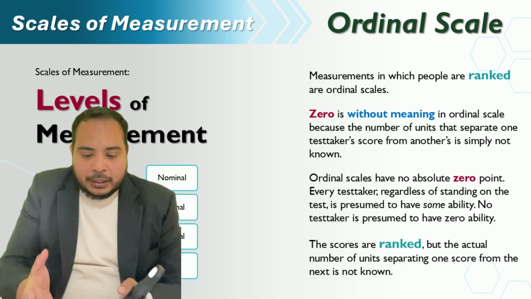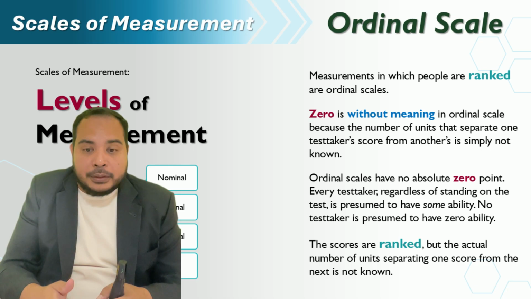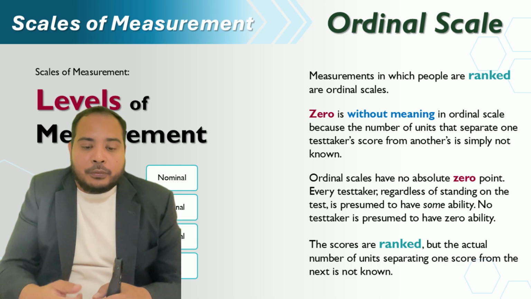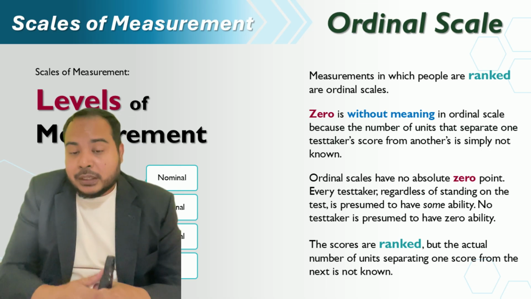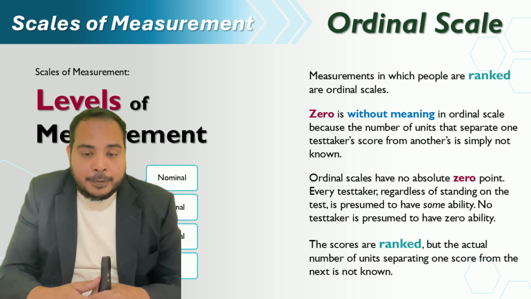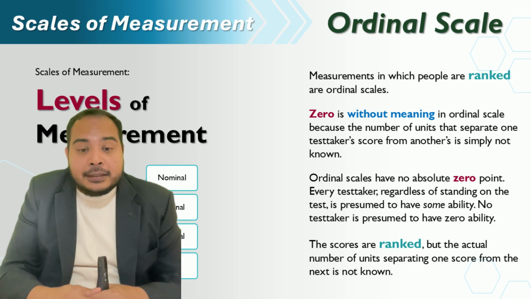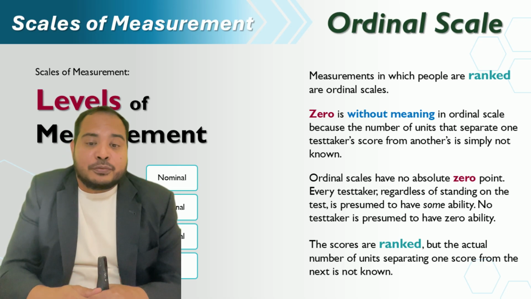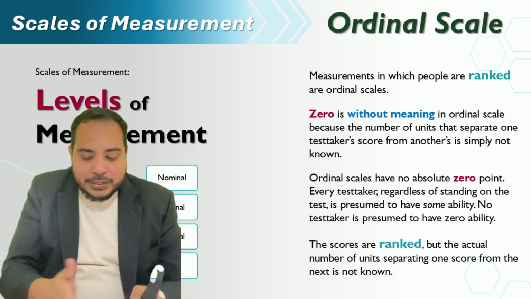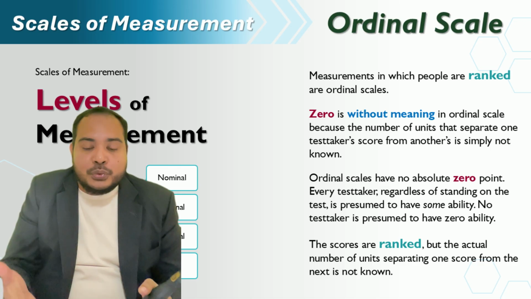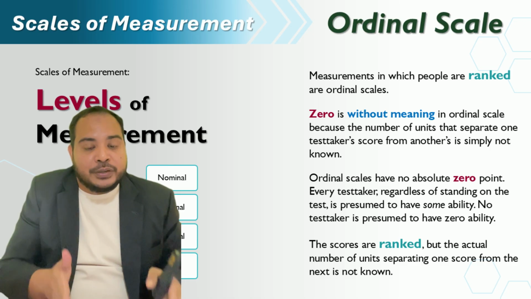In this case, if we look at the exact scores, they might be totally different. For example, person A got 90 out of 100, so he placed first. The second place got 60 out of 100. And the third place, the last one, only got 59 out of 100. So what is the meaning of rank? The differences between ranks are not known, because we do not know that there are equal differences between first, second, and third.